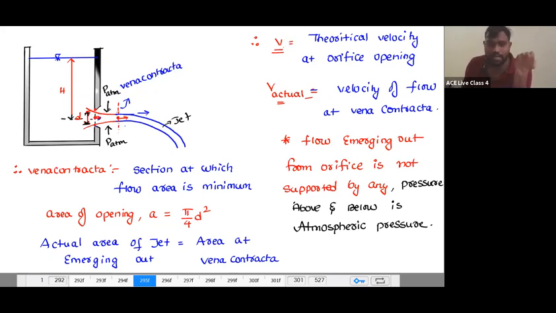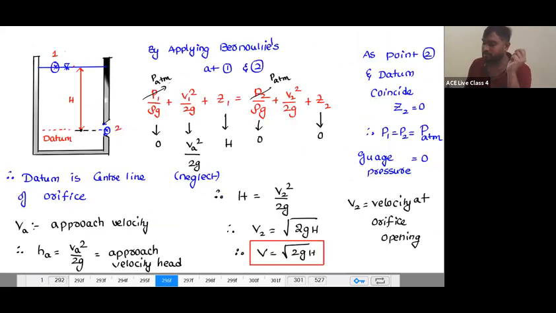So from the starting of this orifice to the vena contracta, there must be some loss of kinetic energy, and how much that loss is, is nothing but kinetic energy at starting minus kinetic energy at the vena contracta, relative to the actual kinetic energy. So that is known as the coefficient of resistance.